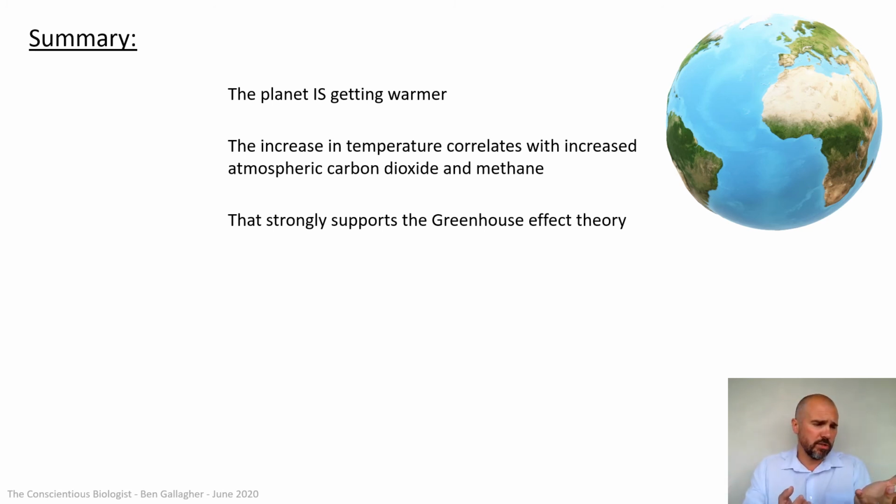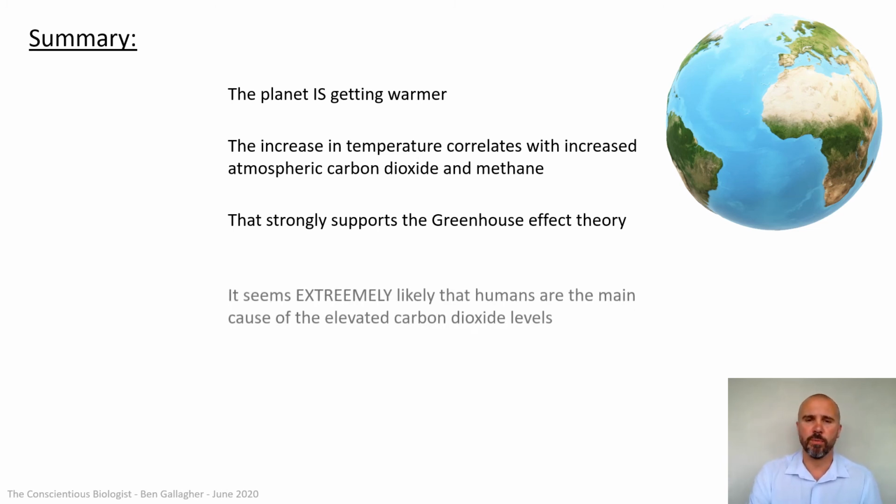We know it causes insulatory effects. We know that the planet's warming. It seems very obvious that the two go together, but it's a correlation. There's an increase in carbon dioxide over time that seems to exactly match the increase in temperatures. That strongly supports the greenhouse effect theory that it is that carbon dioxide that is causing the global warming. The correlation is certainly very, very strong.